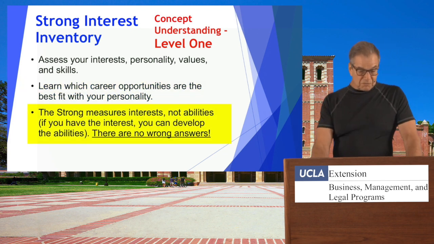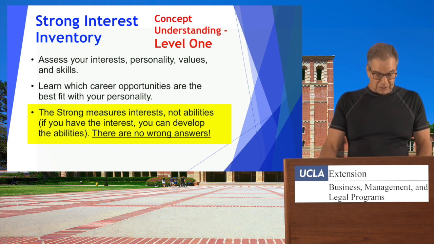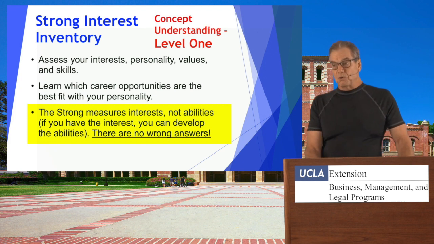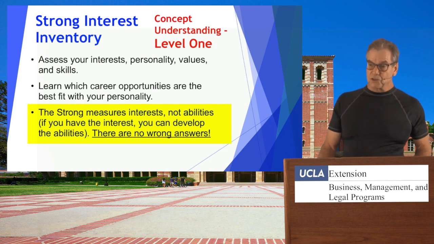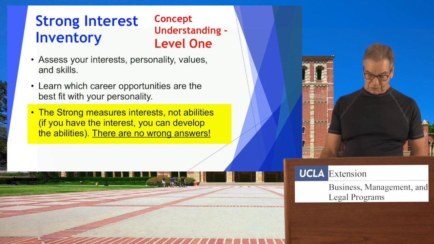The Strong Interest Inventory measures interests, not ability. If you have an interest, you can develop an ability. If you take the Strong Interest Inventory, there's no wrong answer. All the questions are on a scale of 1 to 5: do you agree or disagree with a particular statement?